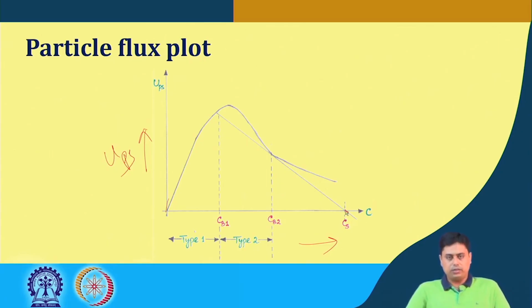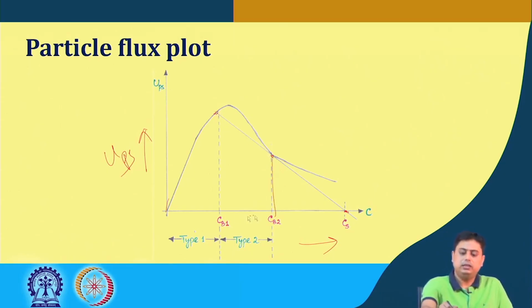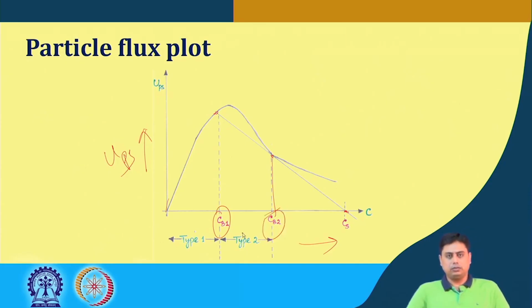Now, the point is that at this sedimentation concentration Cs, after complete sedimentation, UP is equal to 0 or UPS is equal to 0. At this point, if we draw a tangent to this curve, the point where it touches the curve and where it intersects, these two concentrations are of significant importance.